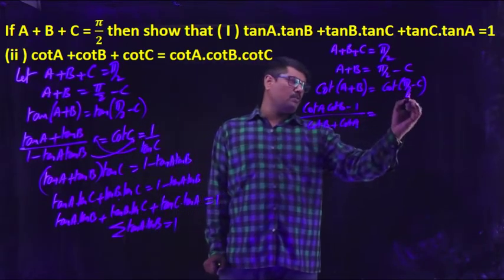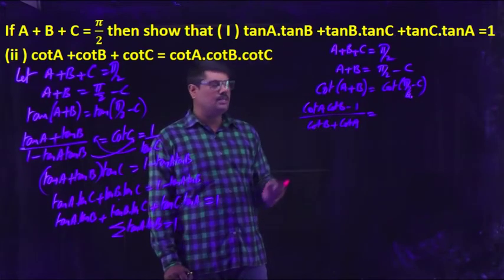So this is quadrant 1, so that every trigonometric ratio has positive sign.